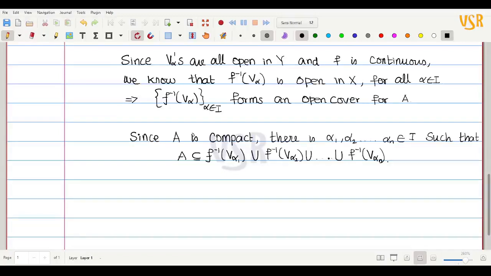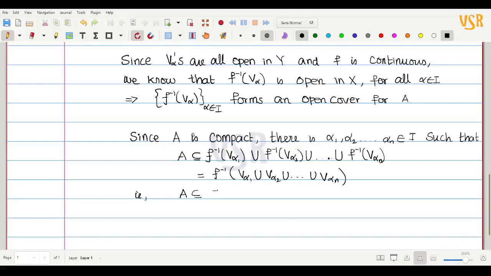Okay, this thing I can write: this is equal to f inverse of v alpha 1 union v alpha 2 union v alpha n. So that is capital A, which is a subset of this.